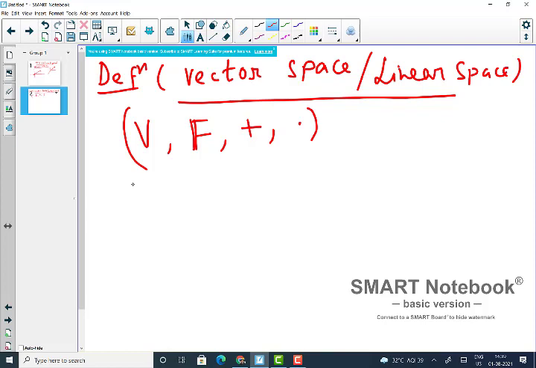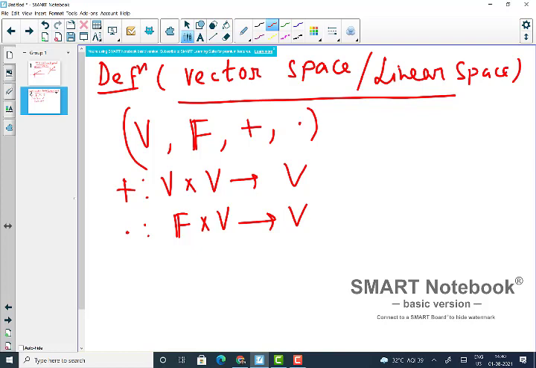The addition is a map from V cross V to V, and we call it the addition of the vector space. Then you have dot, which is a map from the field F cross V to V. These 2 maps should satisfy a few properties.